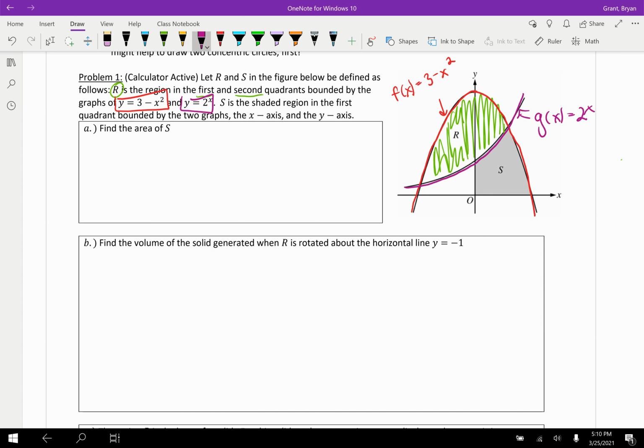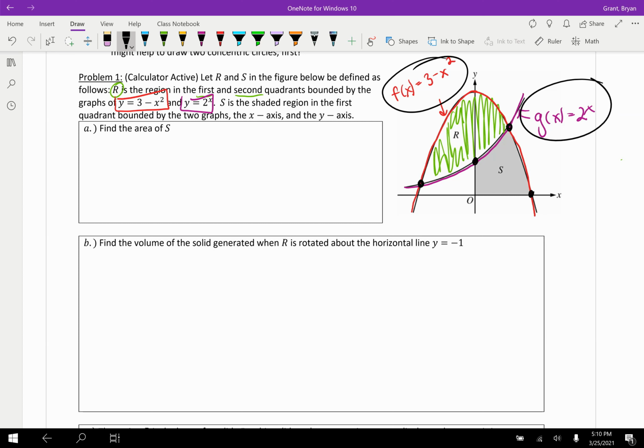All right, this is calculator active. I always spend the first minute or so just doing things with the calculator. There are a few points that we're going to need on here, and I'm going to find pretty much all of them. We'll need the X-intercept over here. We'll also need all 3 of these intersections, and your calculator is going to be very useful for that.